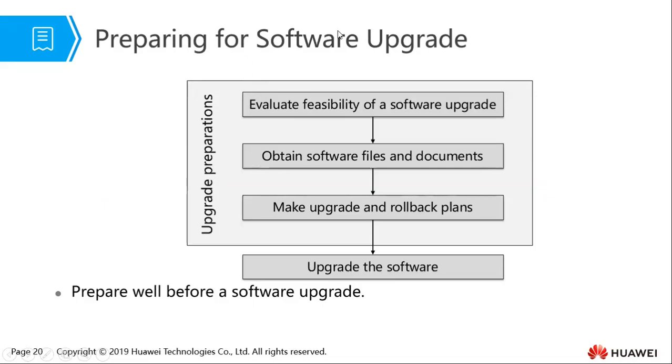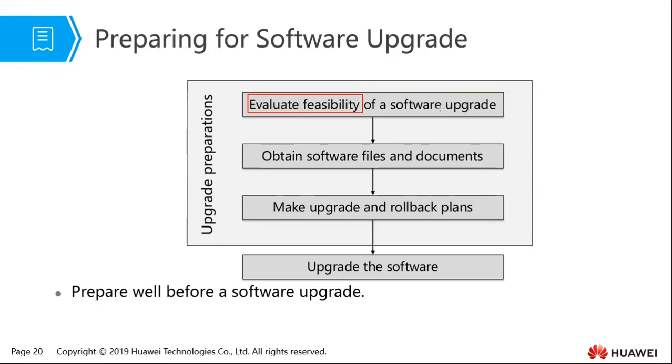Now, in preparing for a software upgrade, you need to evaluate the feasibility. So is it possible in terms of, for example, is your hardware able to support the new software? Because each software will have some requirements, hardware requirement that is.